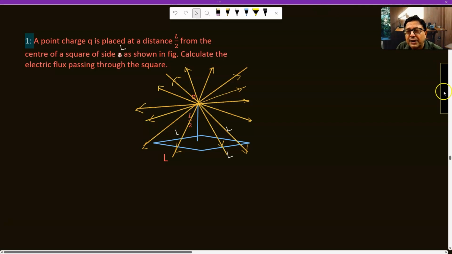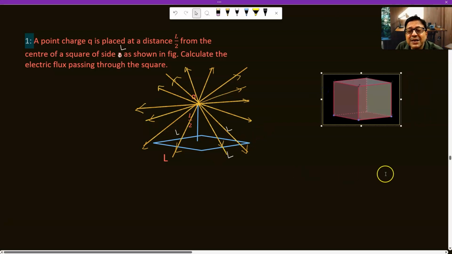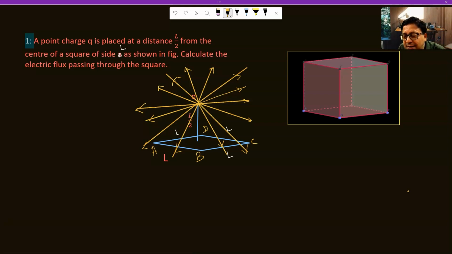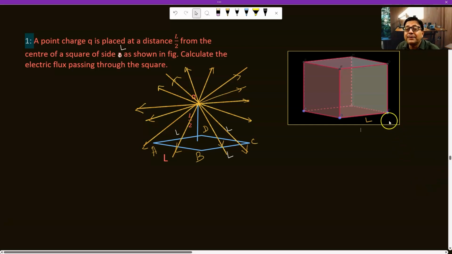We need a cube of same side length L, which is going to enclose this plate. This plate we are naming as A, B, C, D. And this plate is the lower face of this cube, whose side length is also L. Now, if I keep this cube on it, then this one is fully enclosed in it.